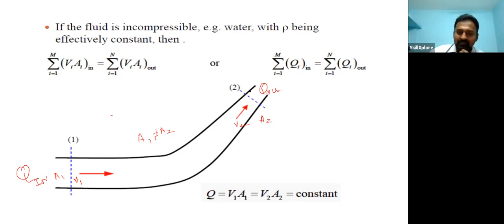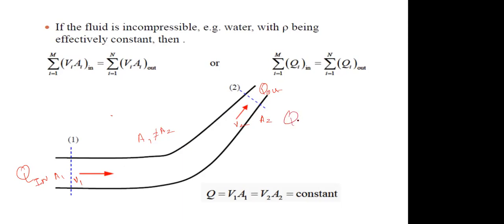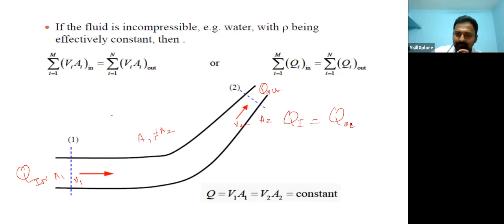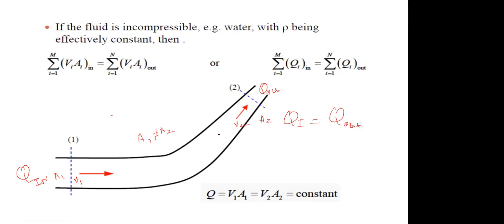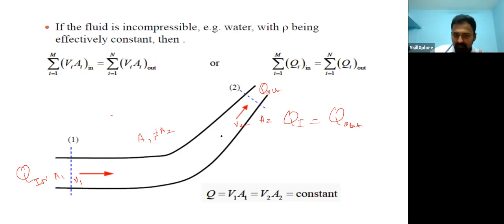Due to this narrow portion, the fluid gets discharged. Q input is equal to Q output. The fluid automatically changes its velocity to compensate for this. So this concept is called the continuity equation.